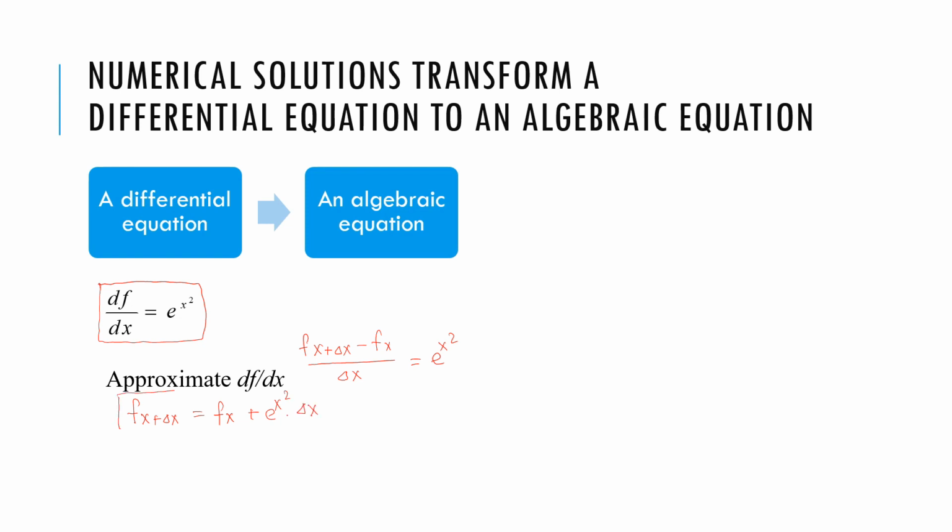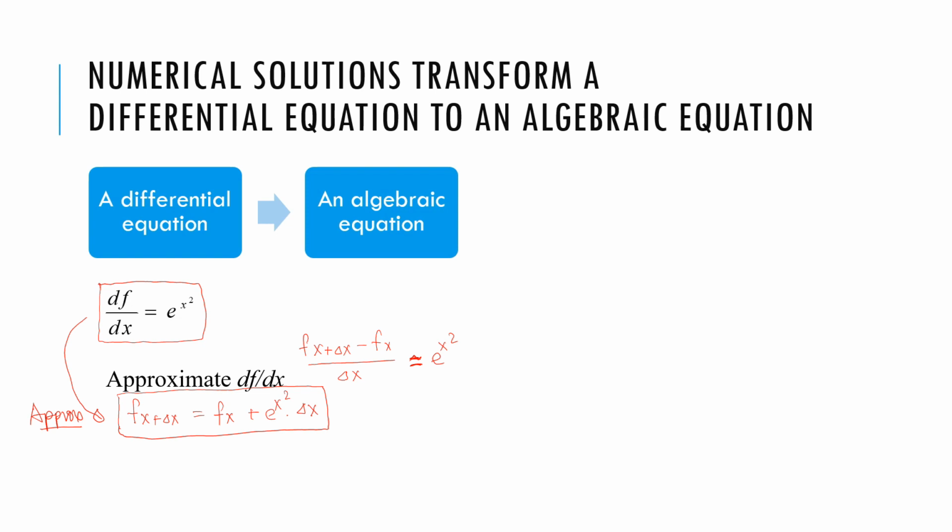So this is my algebraic equation. So this one got replaced. It is approximate because this derivative is really an approximation, but we're going to treat it as equal, which means we are making some errors in here.